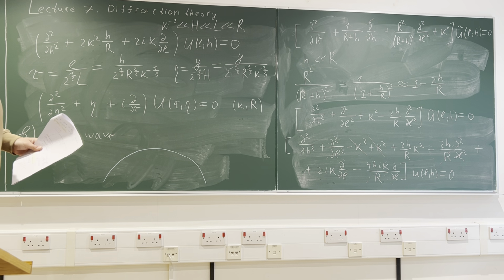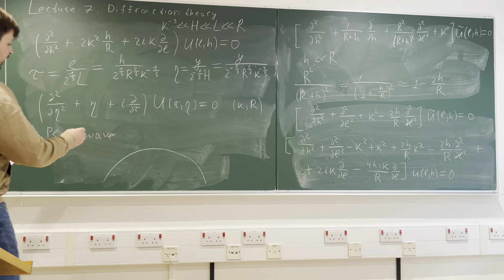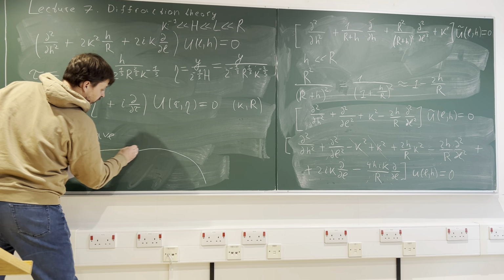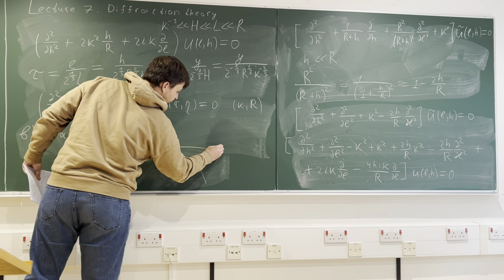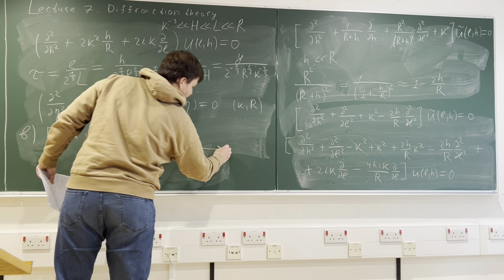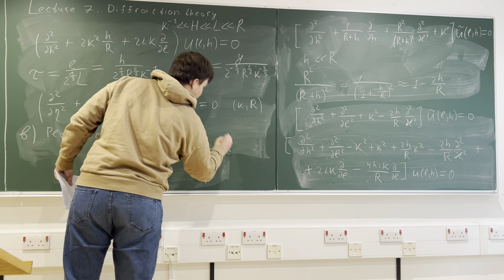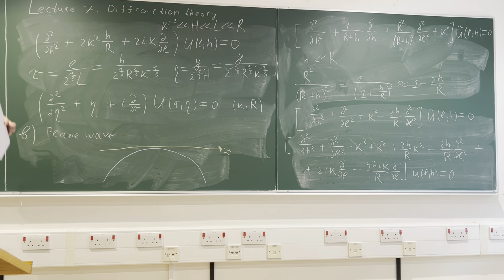Let's introduce Cartesian coordinates for a very short period of time, just to be able to convert from the usual plane wave to this plane wave in the coordinates R and H.